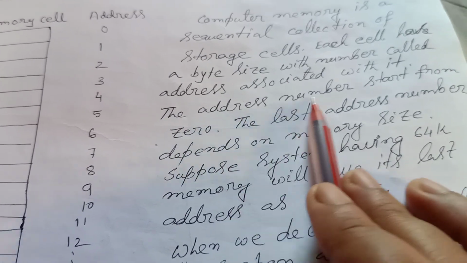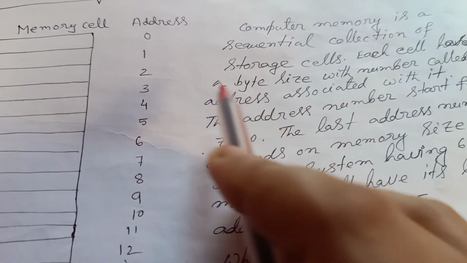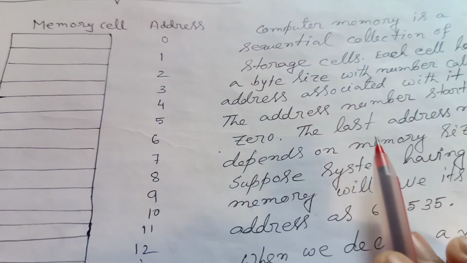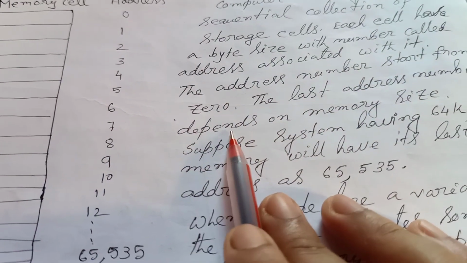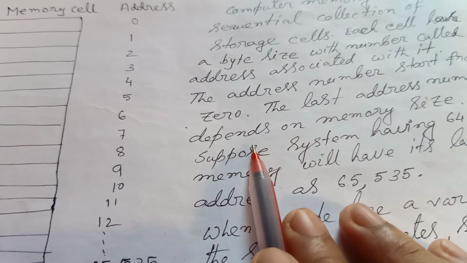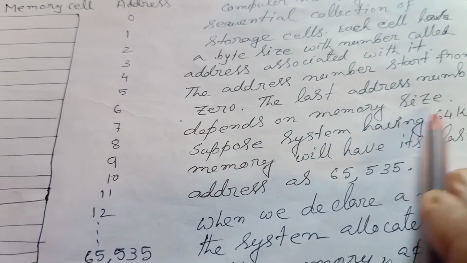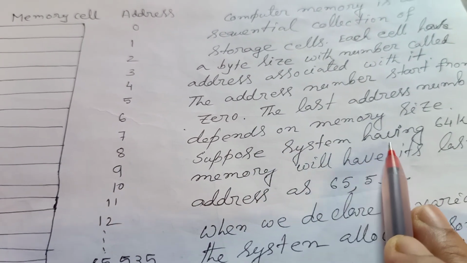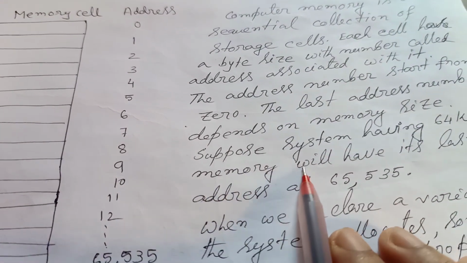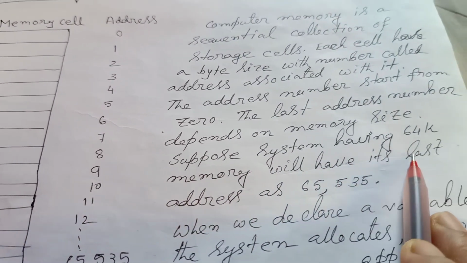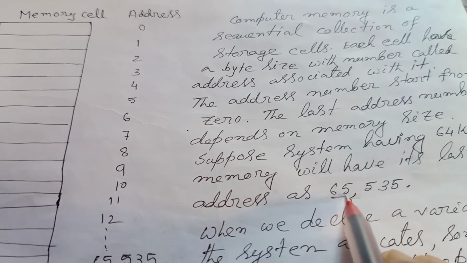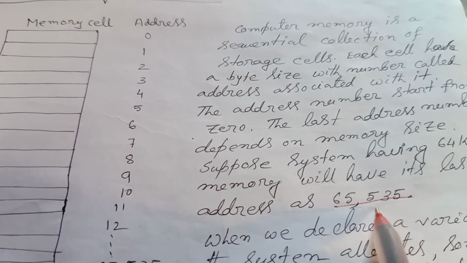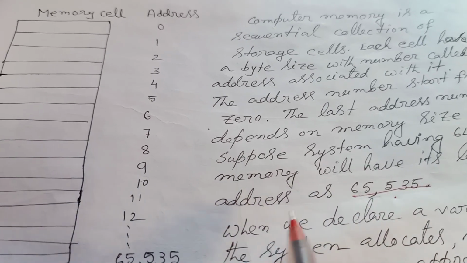The address number starts from 0. The last address number depends on the memory size. Suppose a system having 64K memory will have its last address value as 65,535. Okay.